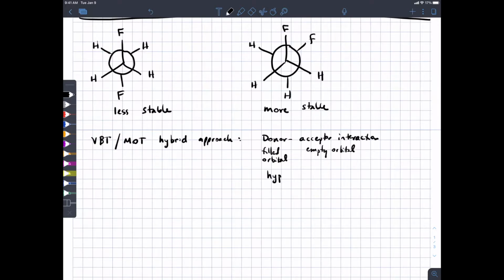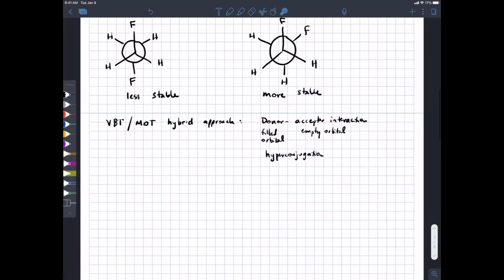Sometimes it's called hyperconjugation. Of course, in pure MO theory, there's no need for any such thing because all of the orbitals are delocalized anyway. MO theory accounts for that in the basic math of how it works. But it's helpful in thinking about these issues to take a hybrid approach.